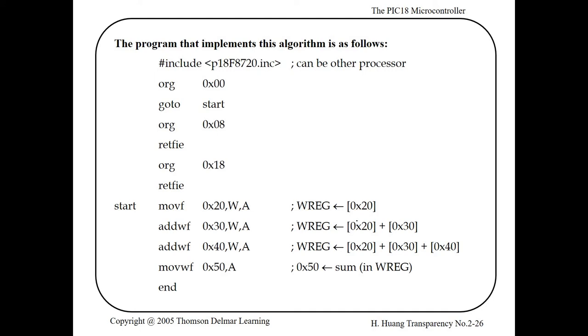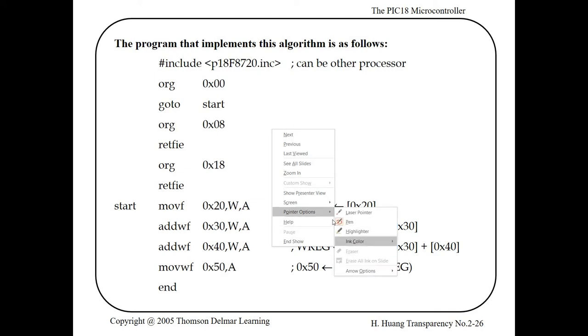So this is then what we do, you translate each one of those steps. So you can see this is how you write a complete program. So let me get my pointer back.